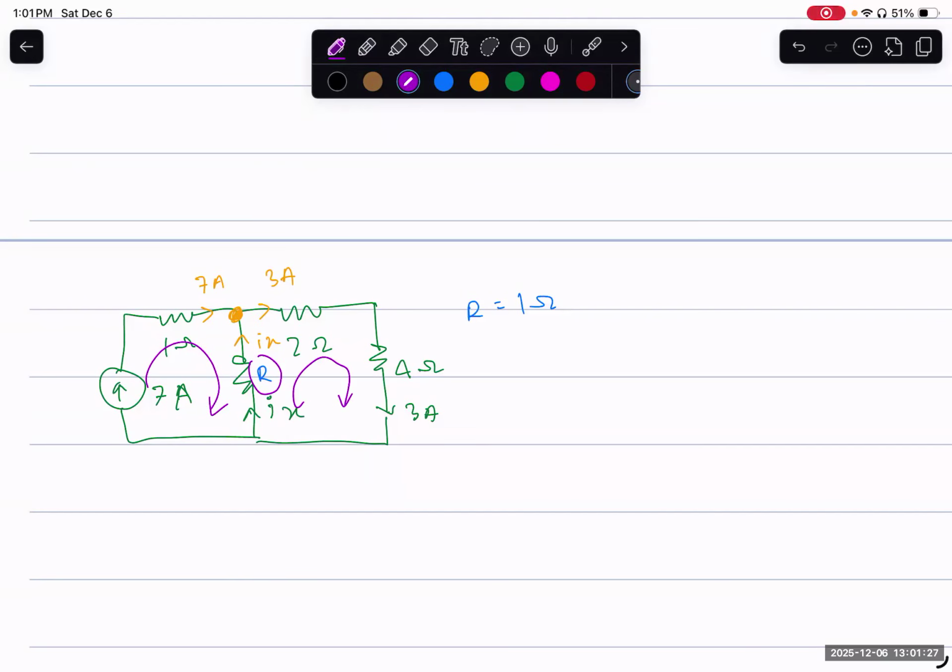So in these cases, this makes it the easiest. You know that current flowing into a junction is equal to the current flowing out of the junction. Into junction equals out of junction.